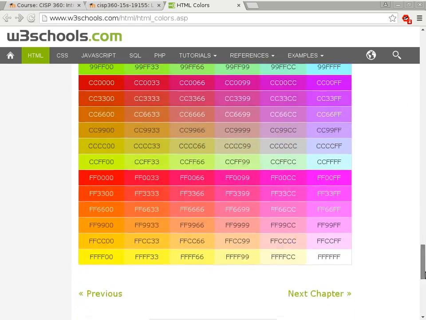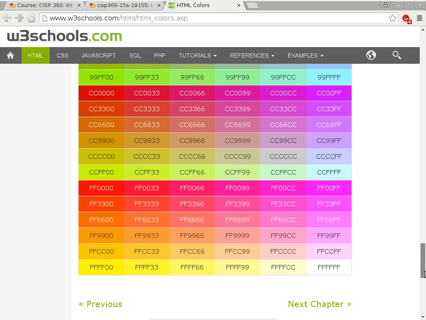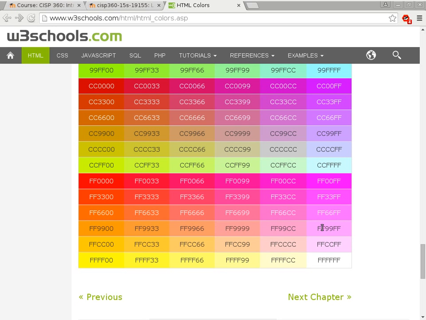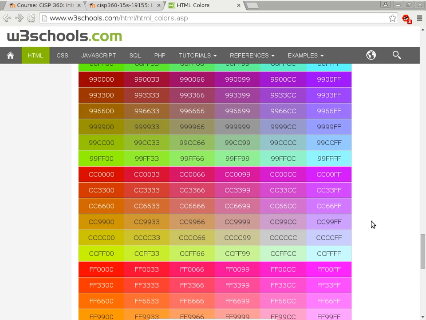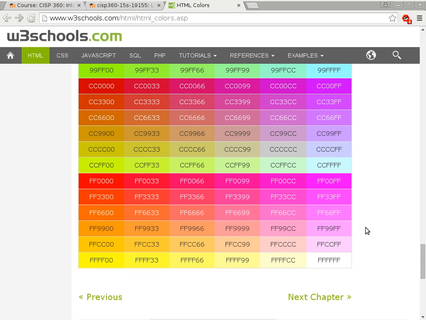These are all saturated ones, and here we have some pink colors. Is that kind of pink? Yeah, it's more purple. So we want full red, and then we just want the blue and green to be turned off. This is more pinkish. Does it look pinkish to you?